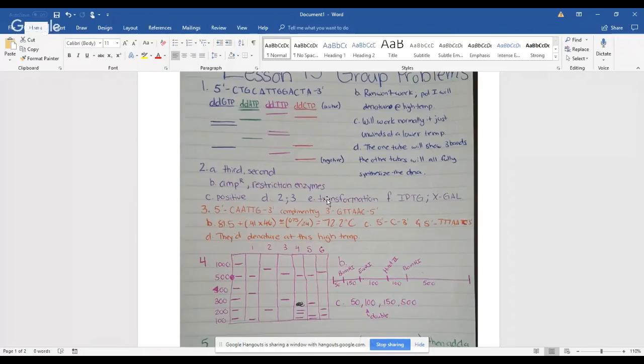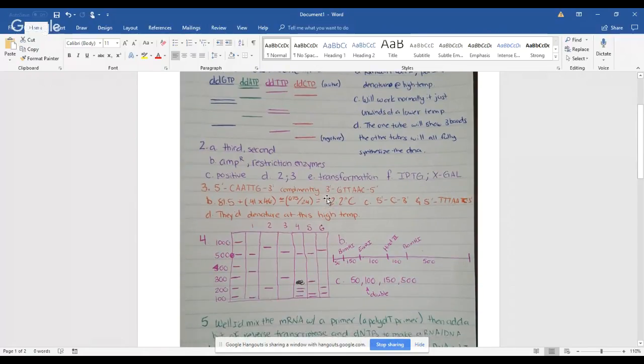Part 3, I didn't really understand. I asked for help a while ago, but I never got it. But I'm guessing that we had to look for a palindrome and only found one. It was the CAATTG in the 5' to 3' direction, and then also its complement.